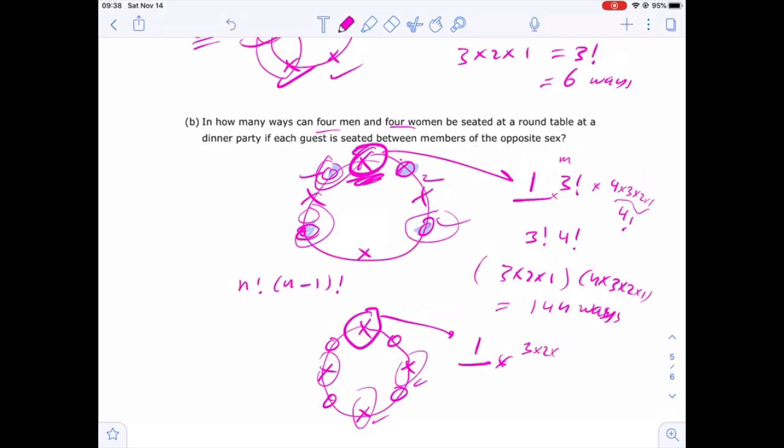The fourth one has 1. So this is 3 factorial times. Now for the women, once we determine the first seat, the first woman has 1, 2, 3, 4 choices. The second one has 3, the third one has 2, and the last one has 1. So we have 4 factorial. So 1 times 3 factorial times 4 factorial is 3 factorial times 4 factorial, and the final answer here is 144 ways.